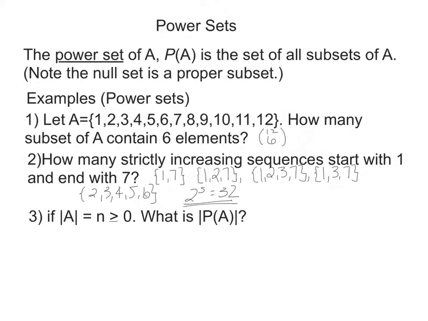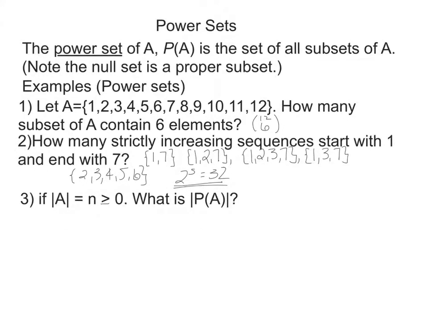Our next question: if the cardinality of A is equal to n, which is greater than or equal to 0, what is the cardinality of the power set of A? Take a minute to think about it, and if you need a hint, it's kind of related to number 2. For each of the n elements of A, we are going to decide whether or not to include it in this set.